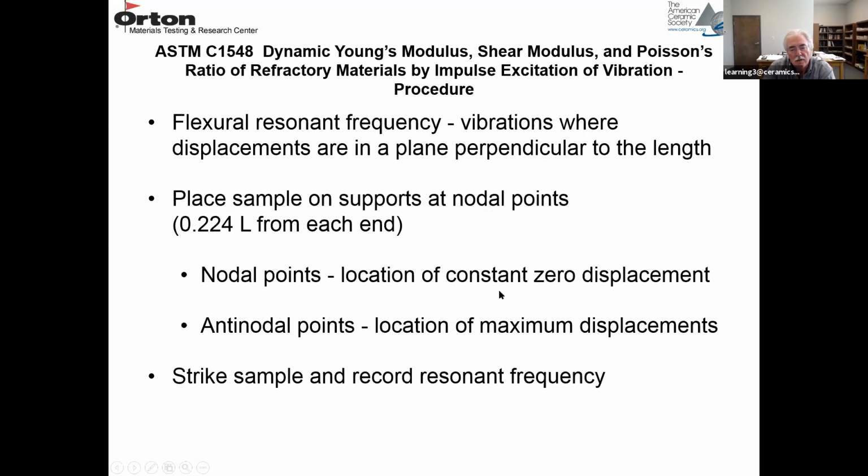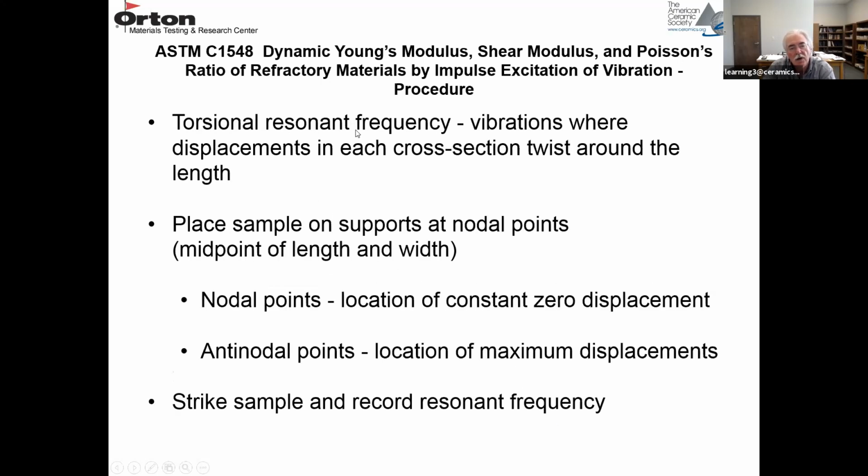The antinodal points between those nodal points have the maximum displacements. So you set up your sample with this type of support system, you strike the sample, and you record the resonant frequency.